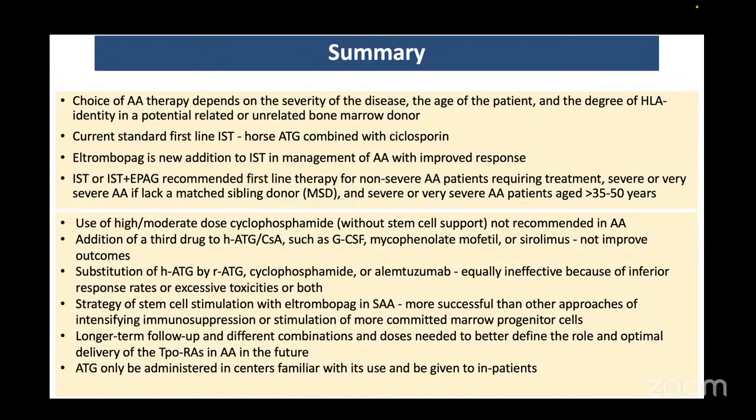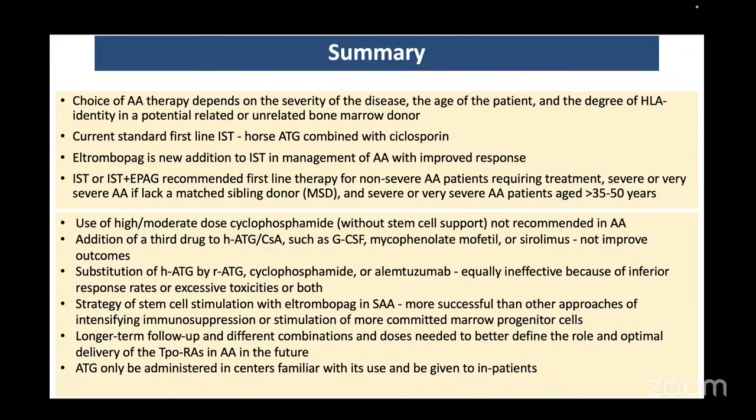And then they have tried adding multiple combinations of other drugs with no significant benefit, such as cyclophosphamide, mycophenolate mofetil, sirolimus, and substitution of horse ATG by rabbit ATG or alemtuzumab was equally ineffective because of inferior response rate, and not only that, there were excessive toxicities as well.